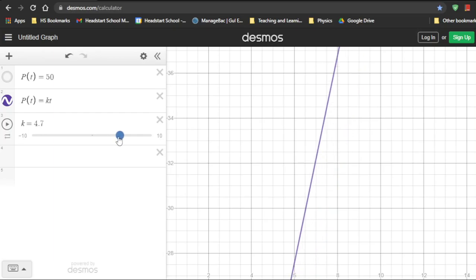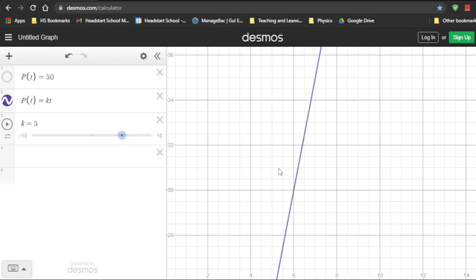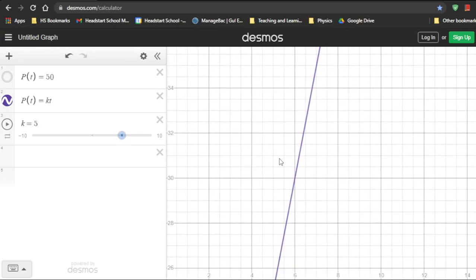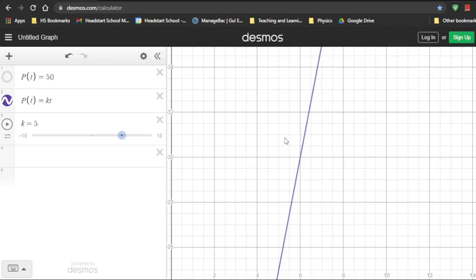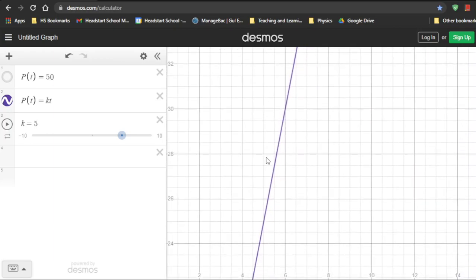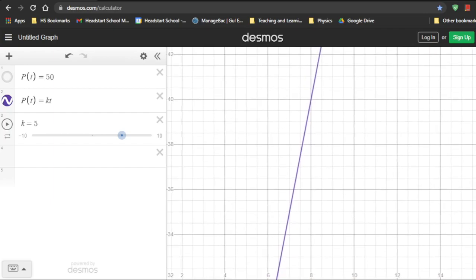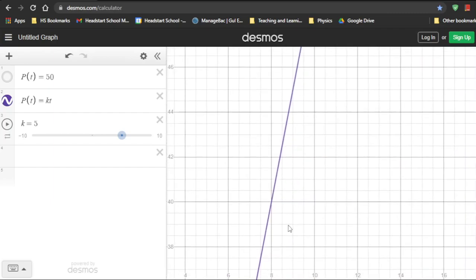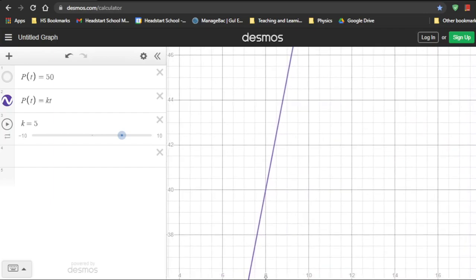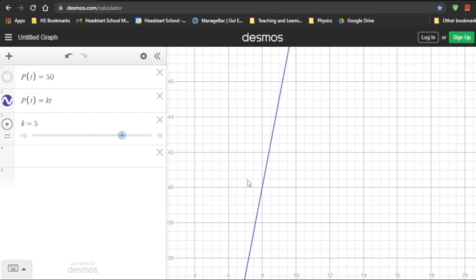We want it to cover 40 meters at 8 seconds. And now you can see that if I go on top of this tiny 8, exactly 40 meters have been covered.